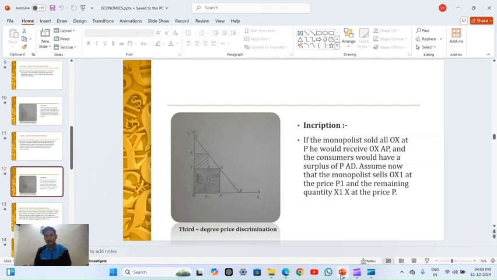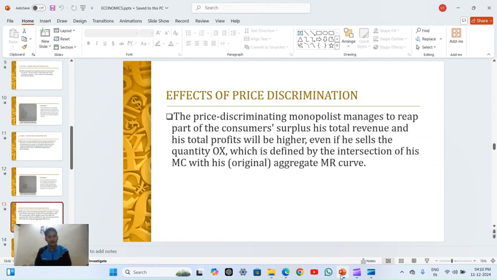If the monopolist sold all OX at P, he would receive OXAP and the consumer would have a surplus. Assume now that the monopolist sells OX1 at the price P1 and the remaining quantity X1X at the price P. So, that completes price discrimination.